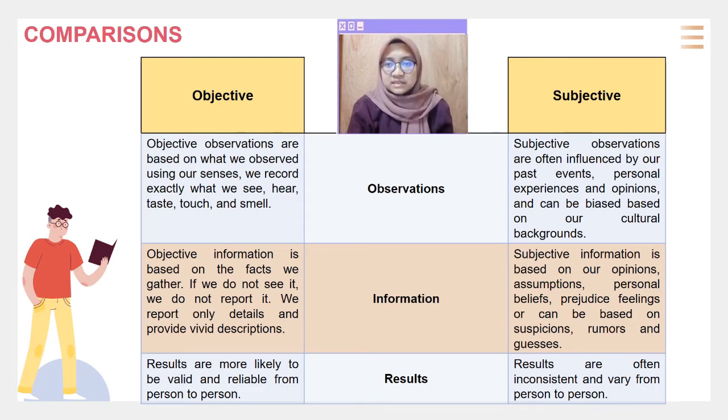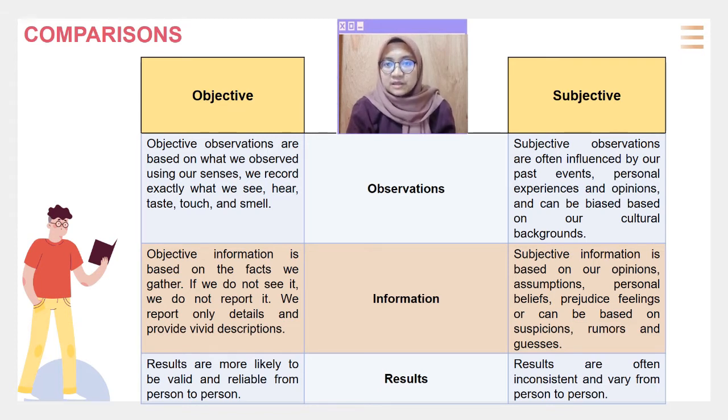Okay, objective information is based on the facts we gather. If we do not see it, we do not report it. We report on details and provide vivid description, while subjective information is based on our opinions, assumptions, personal beliefs, prejudice, feelings, or it can be based on suspicions, rumors, and guesses.